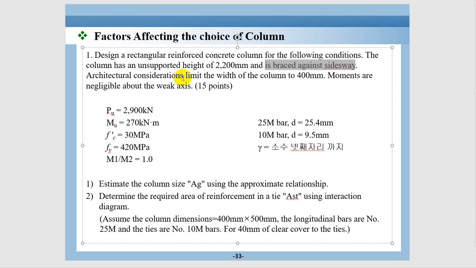Architectural considerations limit the width of the column to 400 millimeters. Moments are negligible about the weak axis. Okay. 이 문제를 잘 한번 이해를 해보겠습니다. 첫째, 칼럼 높이가 2.2m죠.